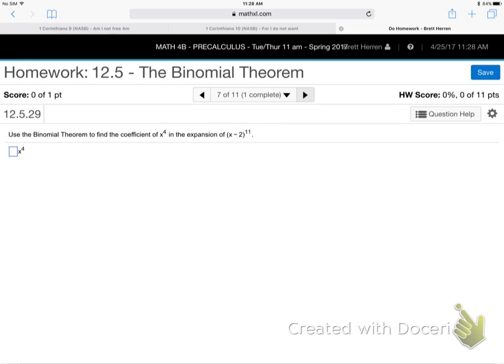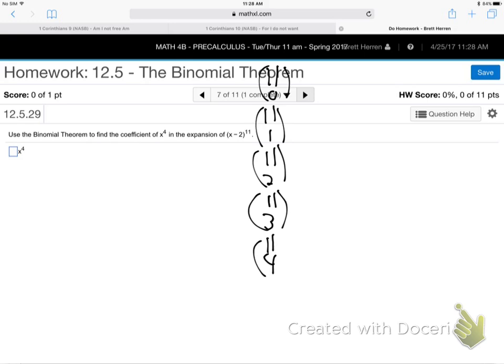So let's do it. Start with 11, 0, 11, 1, 11, 2, 11, 3. You always start with the power, right? 11, 4. Now you might be thinking, well, isn't it the 4? It might be the 3 or the 5. I'm not sure. I just do a few of them, and then I'll do the next part. What's the next part? You put the x and the minus 2.